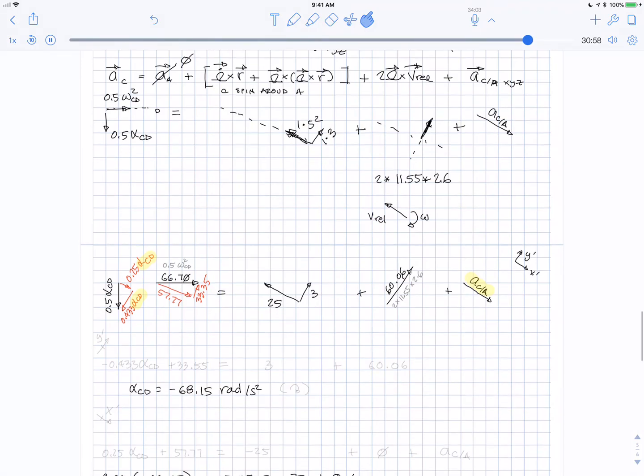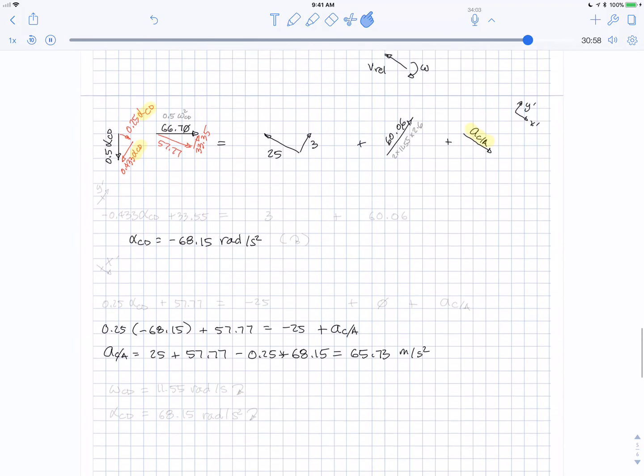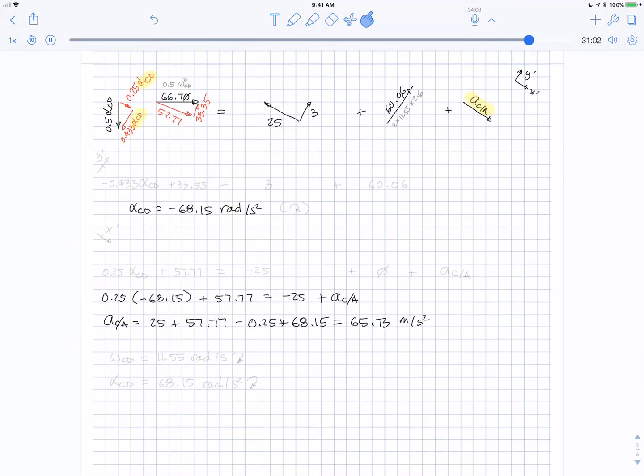Okay, so I've gone ahead and multiplied all the numbers out, and I learned that we should do it on the inclined axis, so I went ahead and took that vertical 0.5 alpha CD and took cosine 30 and sine 30, and that 0.5 omega CD squared came out to 66.70, and I took cosine 30 and sine 30 of that as well, so I already got those components in red.